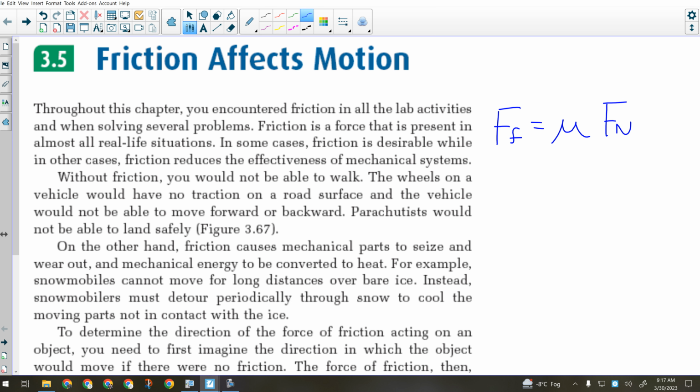Now, what did I change? Did I change the coefficient of friction or the normal force? I changed the normal force. It was the same two surfaces, right? These funny tennis ball things they put on the bottom, and the floor. The coefficient of friction was the same in both situations.